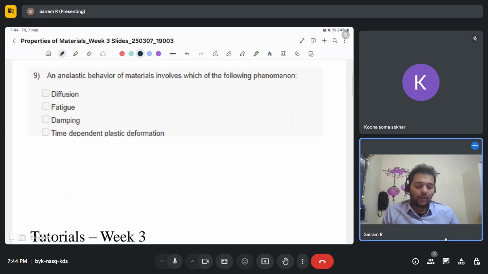Also, because of diffusion and the hysteresis, the energy loss that happens as a part of anelasticity, there is the concept of damping as well. The other options being fatigue and time dependent plastic deformation are not a part of anelastic behavior.